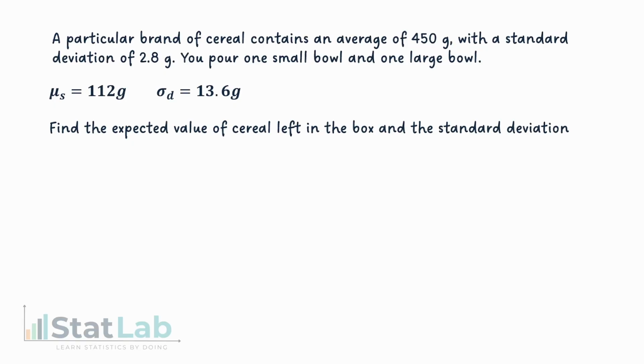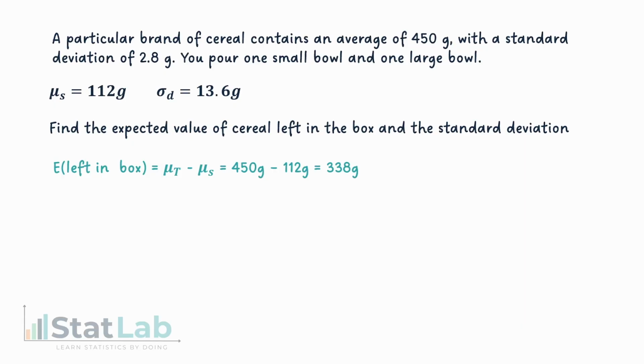Suppose now that I wanted to know the expected value of cereal left in the box and the standard deviation. The question did tell us how much cereal was in an entire box, and it also gave us a standard deviation for the box itself, so we have the information we need to solve this. The expected amount left in the box should be the total mean minus the mean of the sum.